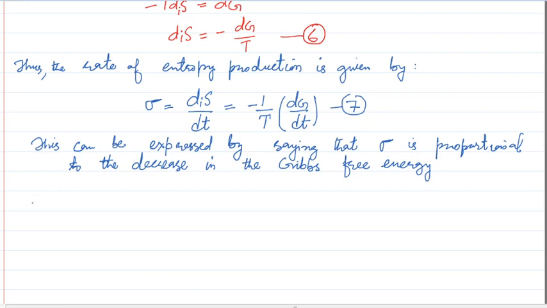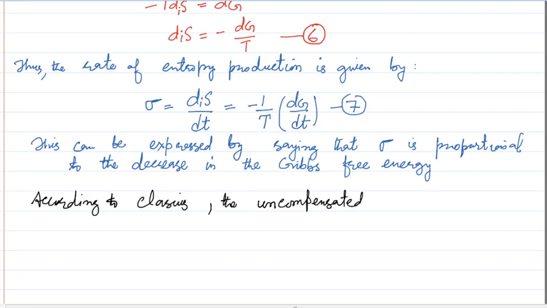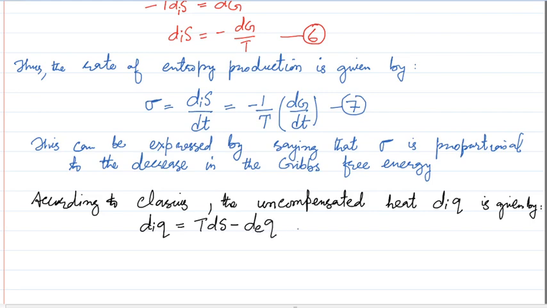Now we also know from Clausius, according to Clausius, the uncompensated heat, which we represent as dQ_I, is given by, this is from Clausius, dQ_I will be equal to T dS minus dQ_E.